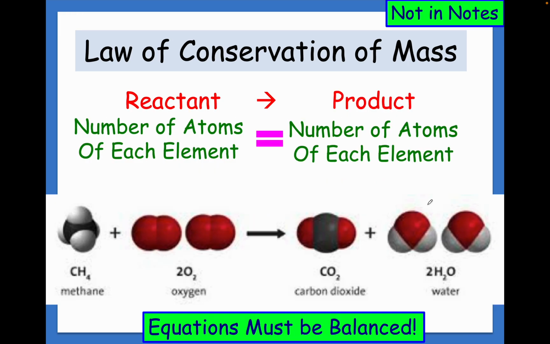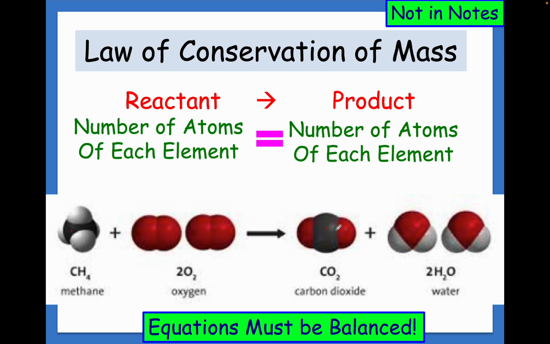All right. Now we're going to look into how we balance chemical reactions. Remember that the number of atoms on the reactant side must be the number of atoms on the product side. This is the law of conservation of mass. You can't cut away or destroy any atoms. So we have one black sphere here, and we have another black sphere here.